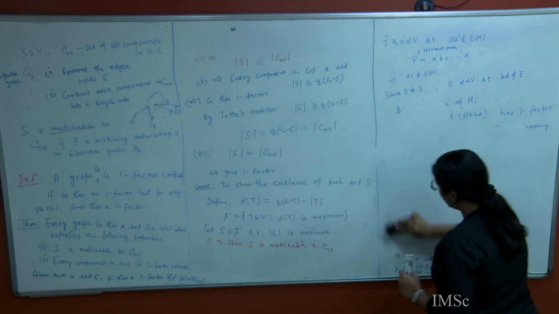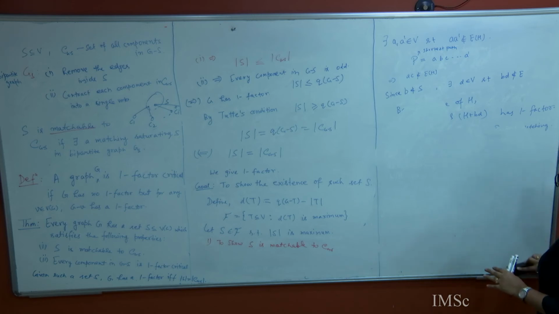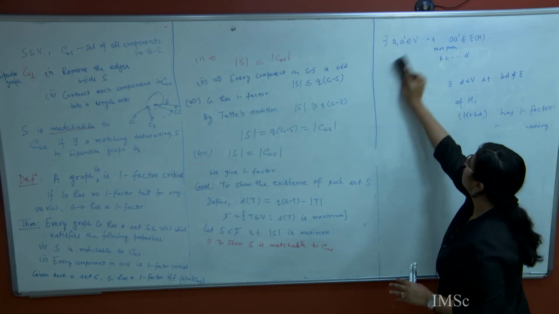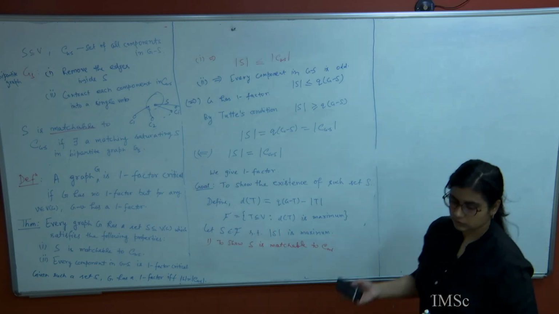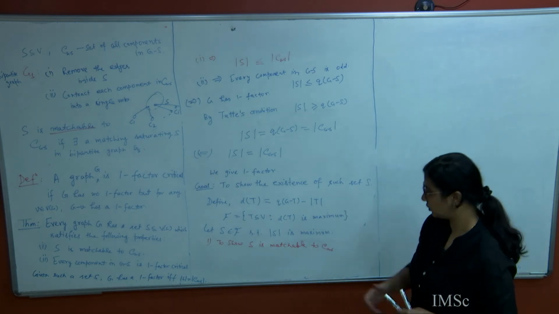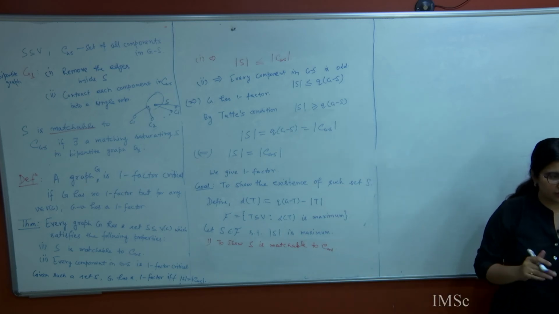So, that means in that bipartite graph GS, we do not have a matching which saturates S. So, what can we do? If we are assuming that S is not matchable to Cg minus S, then what do we have?